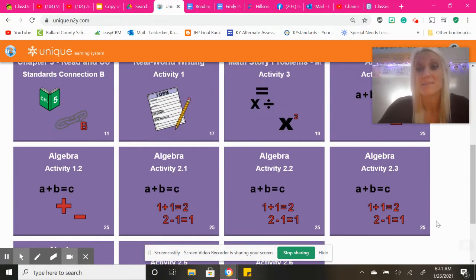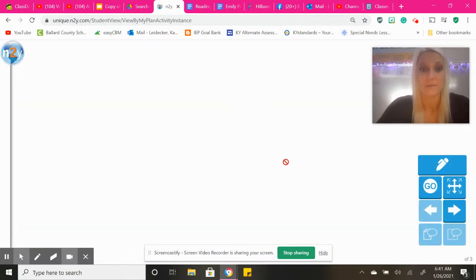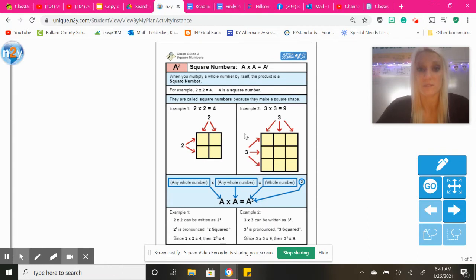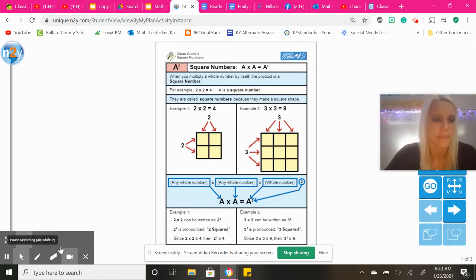Now math's a little busy today. You have square numbers. When we talk about square numbers, I'm going to add this again to our math Google Slide notes.